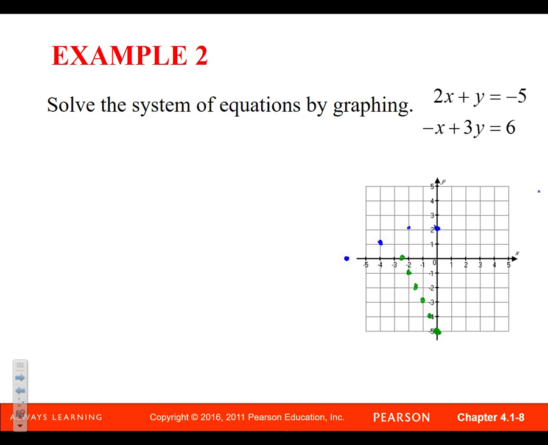Up 1, 1, 2, 3. There it is. Okay, cool. Now, you see that if I follow the green pattern, it's going to end up there, isn't it? As well. So that's going to be the solution to the system, which is negative 3, comma 1. Okay?